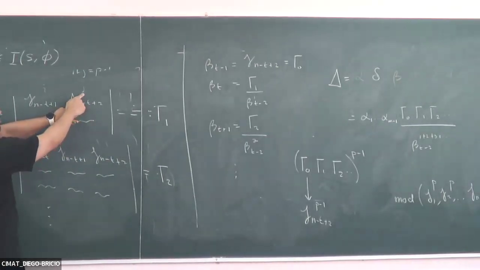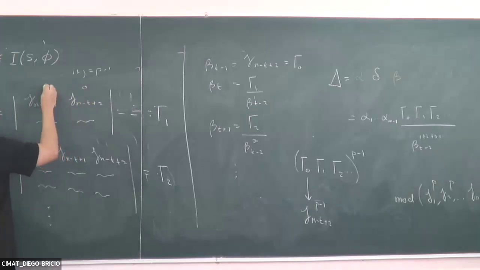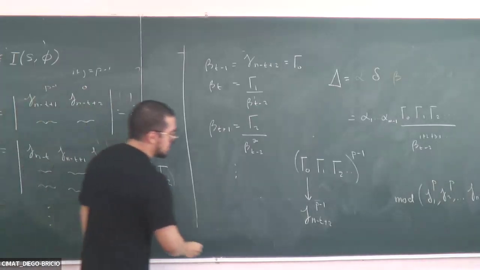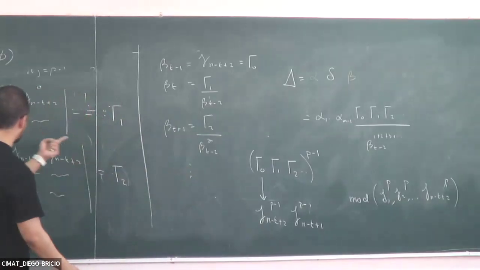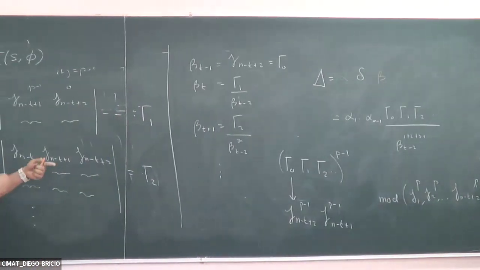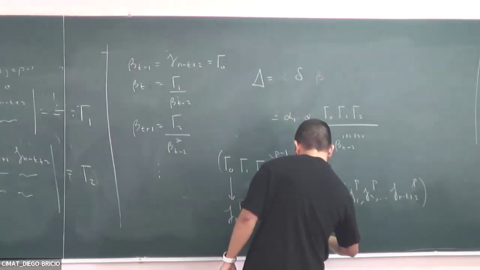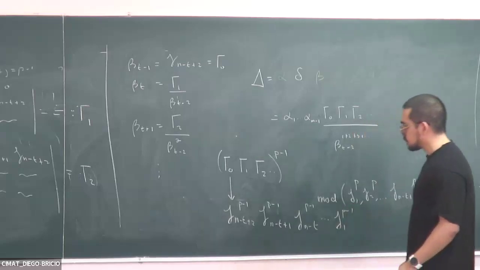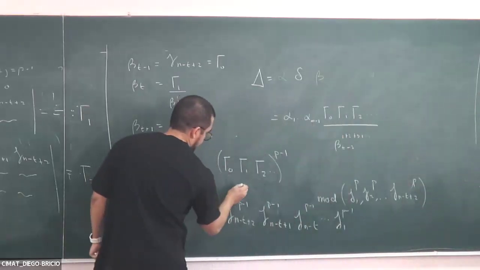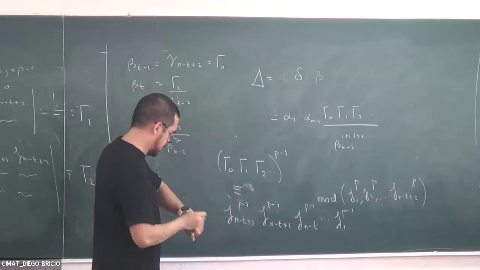If this guy is not 0, that's gonna die. So we're forcing this guy to be 0 and this guy to be p minus 1. And so you get that the next part is like this. Okay, so now we have the next one, right? It's gonna be the same as well. The only possibility is that this guy is 0, 0, and this is p minus 1. And so on until you reach the first one. So these are the same modulo that IG.